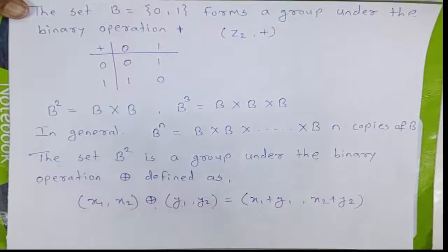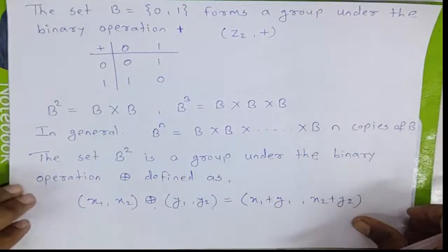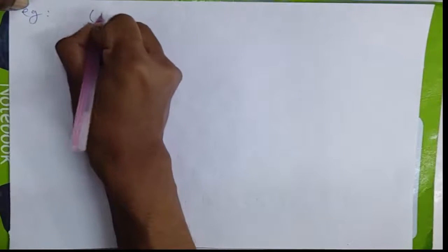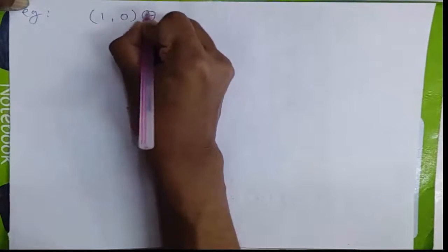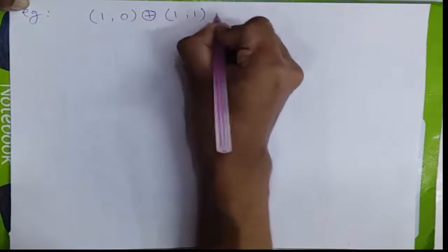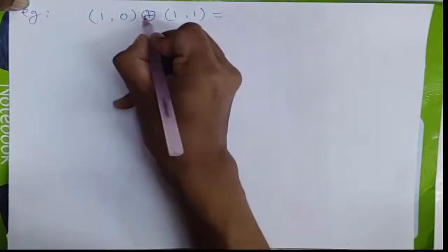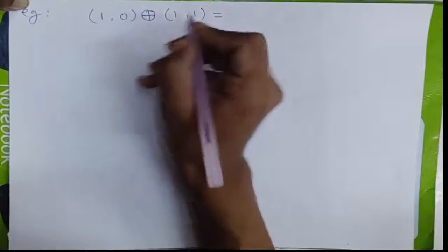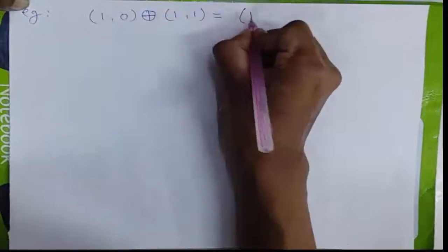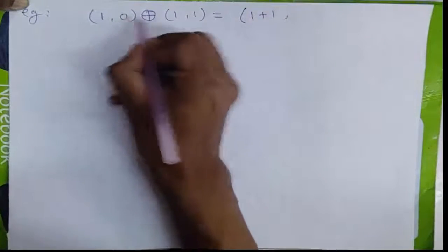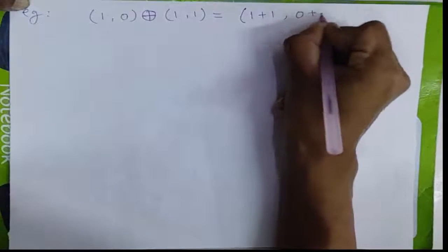Okay. So if we take the example, suppose we take one pair, (1, 0) ring sum (1, 1). Now here we apply the operation ring sum. So we get coordinate wise addition, 1 plus 1 and second element 0 plus 1.